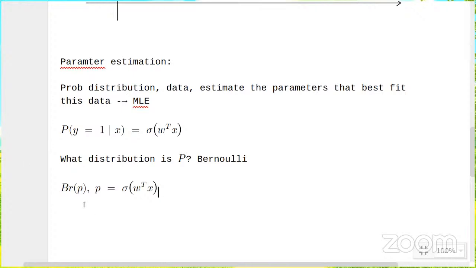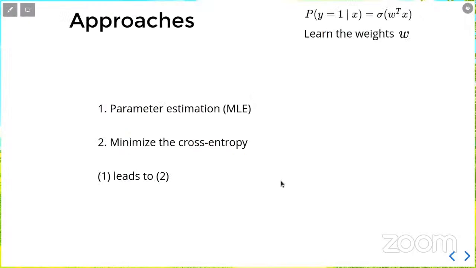So the probability of success is P, and the probability of failure is 1 minus P. And the interesting thing is that it depends on the data point or feature vector x. Once that is set, we can go ahead with maximum likelihood estimation.